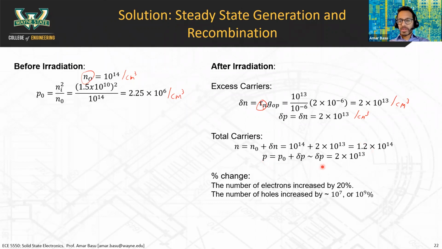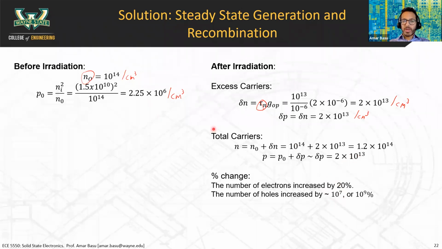The hole concentration, on the other hand, was previously 10 to the 6th, and now it's 10 to the 13th. So the number of holes increased by 2 times 10 to the 13th divided by 2.25 times 10 to the 6th. That's about 10 to the power of 7.